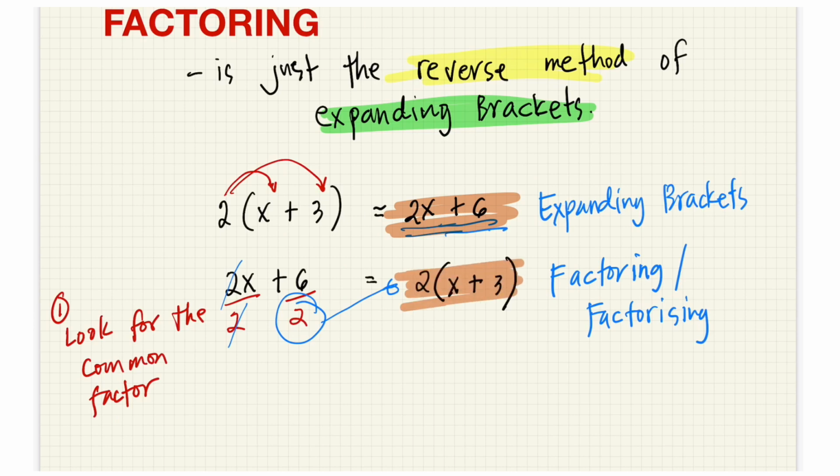The way you do factoring is just the reverse, or the other way around, of expanding brackets. Again, don't forget, as in a previous discussion, the first step in doing factoring is always look for the common factor.